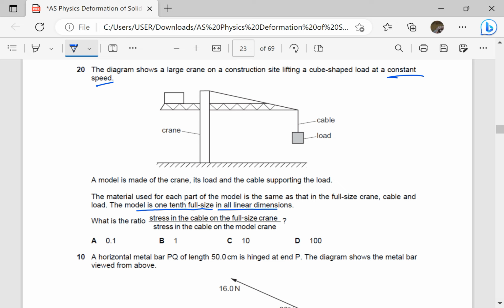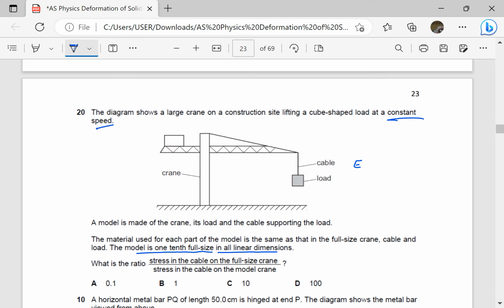So what is the ratio of stress in the cable on the full-size crane over stress in the cable on the model crane? So we know that Young modulus is going to be equal to stress over strain. Remember, strain is extension over original length.